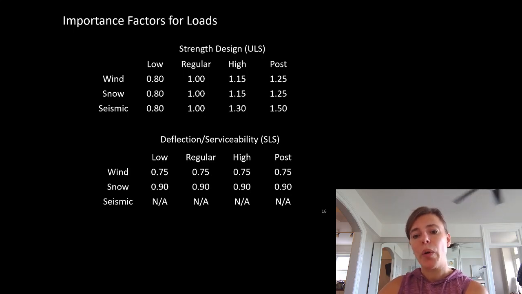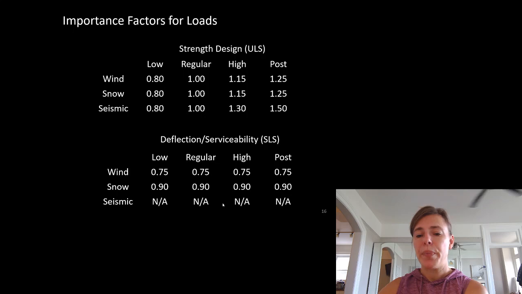I often joke that we want it to survive the apocalypse. It's less of a joke now. 2020 has been a bit rough, so we will hopefully not have to actually employ that, but you can see that we apply different strength importance factors depending on the type of building it is.